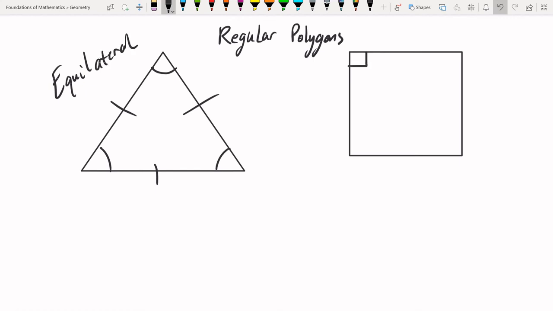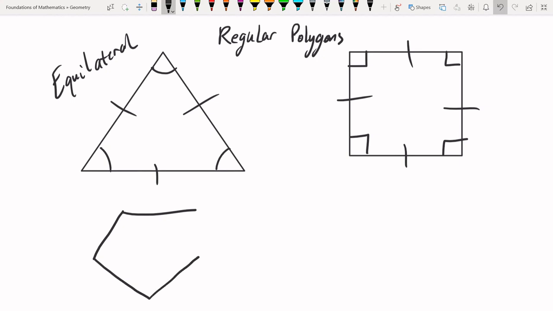A square is also a regular polygon. All angles are equal and all sides are equal. Of course, the equilateral triangle is a 3-sided figure. The square is a 4-sided figure. A 5-sided figure is going to be a pentagon.